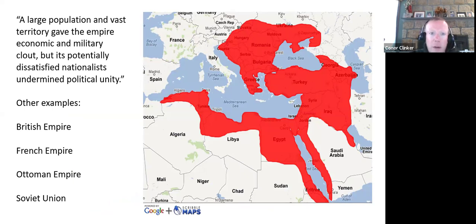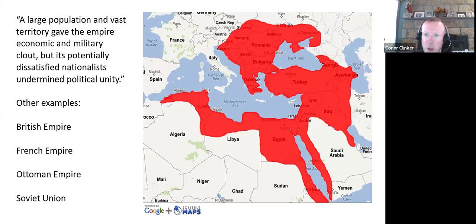Back to the idea of empire versus nationalism. A large population and vast territory are benefits of empire, giving the empire economic and military clout, but the downside is it potentially dissatisfied nationalists. All empires have this problem: the British, the French, the Ottomans, the Soviets. On this map, this is the Ottoman Empire, which no longer exists.